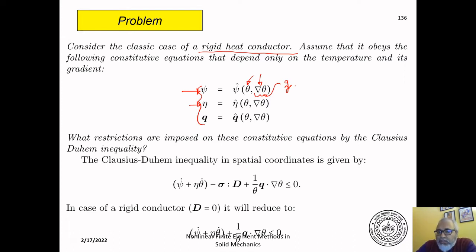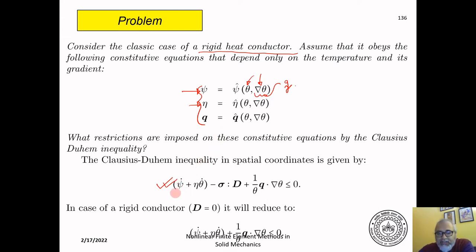Let's not go into that. Let us accept this constitutive relationship and see what it means to have it. One thing that this constitutive relationship must do is that it must satisfy the Clausius-Duhem inequality. And now we will talk about what it means to satisfy the Clausius-Duhem inequality.